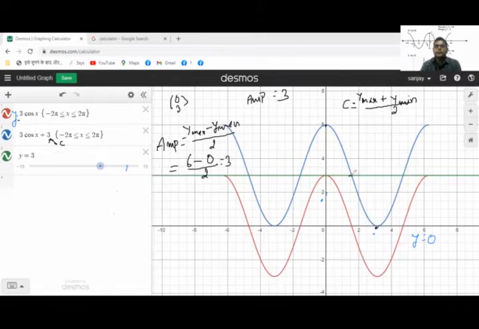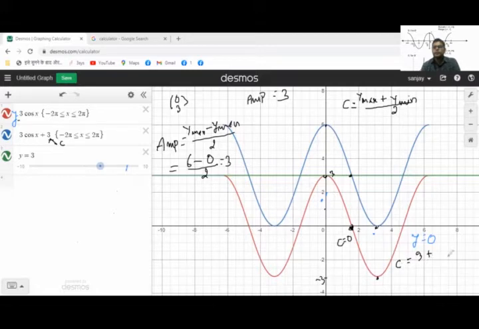Because when it is here, the C value is definitely going to be 0. Okay, because on the x-axis there is no translation at the beginning, so C equals 0, and you can see that this is exactly at the midpoint of this maximum point and this minimum point. So if you take the y coordinate for this midpoint, the maximum in this case is 3, and plus the minimum value, which is -3.